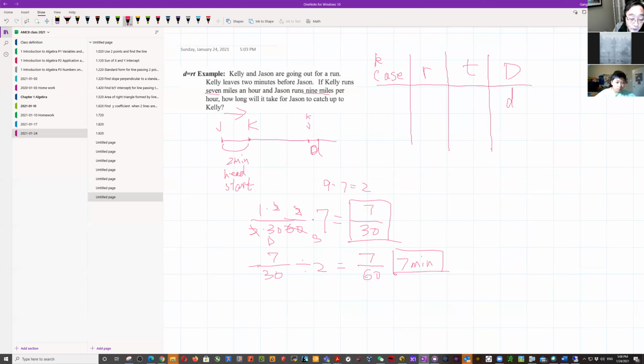Then we can also say how long it takes for Jason to catch up. Let's say this is the minutes. So one is M, one is D. You can set 2 variables. This is for Kelly, and this is for Jason.